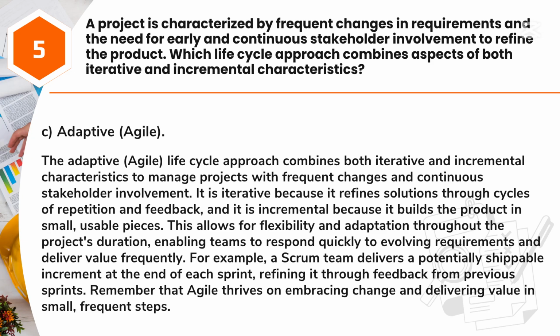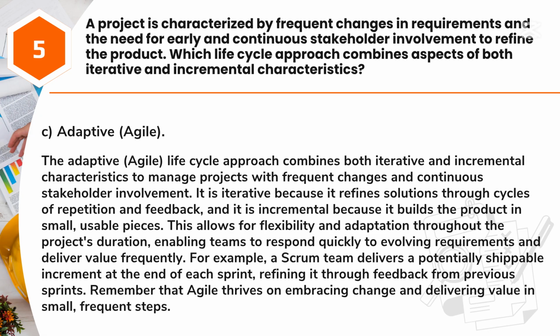Answer: C. Adaptive, Agile. The adaptive, agile life cycle approach combines both iterative and incremental characteristics to manage projects with frequent changes and continuous stakeholder involvement. It is iterative because it refines solutions through cycles of repetition and feedback, and it is incremental because it builds the product in small, usable pieces.